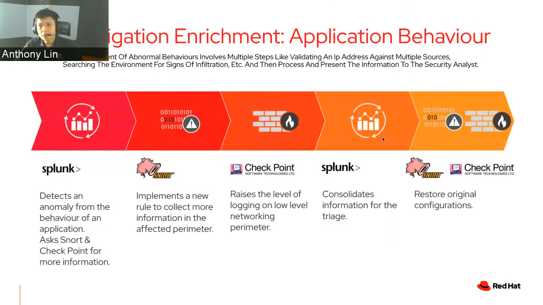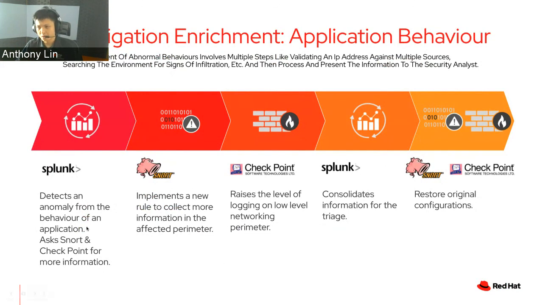So what are some of the use cases that can be done here? Investigation and enrichment when it comes to application behavior. For instance, if Splunk detects an anomaly, it can actually get more logs from Snort or Checkpoint. Usually we don't turn on debug tracing because the SIEM charges you based on the amount of logs it has. So we can activate all these things only when needed, and this can be done with the help of Ansible.